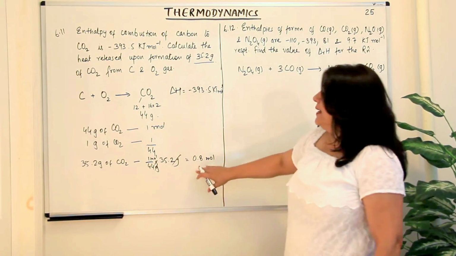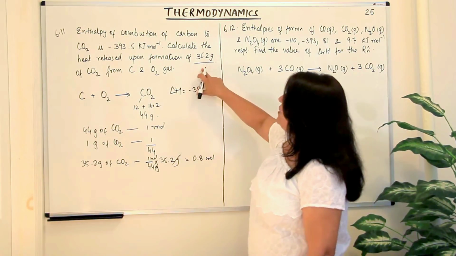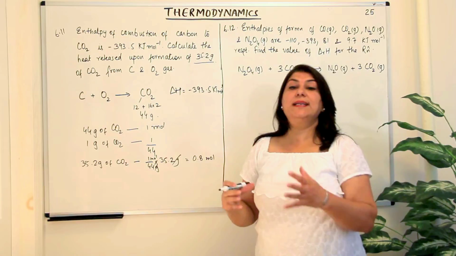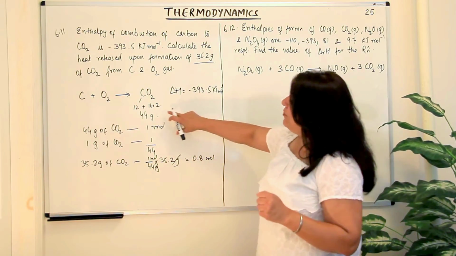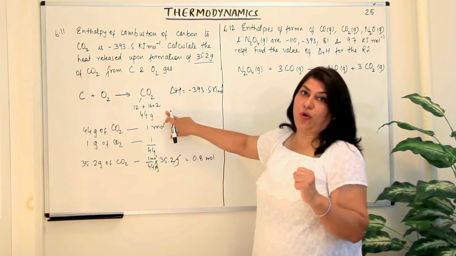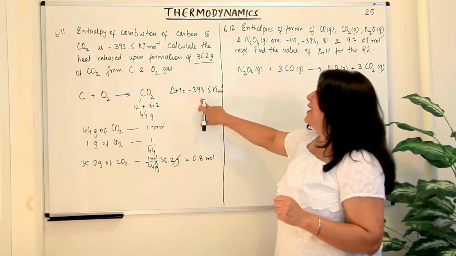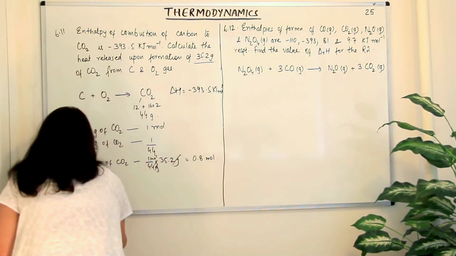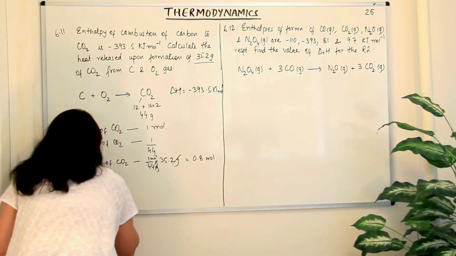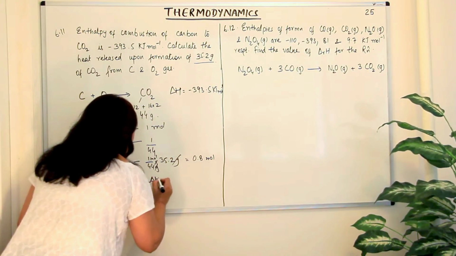It means that these 35.2 grams of carbon dioxide is 0.8 moles. We know when 1 mole of carbon dioxide is formed, the amount of heat produced is minus 393.5 kilojoules per mole. For 1 mole of CO2, delta H is how much?